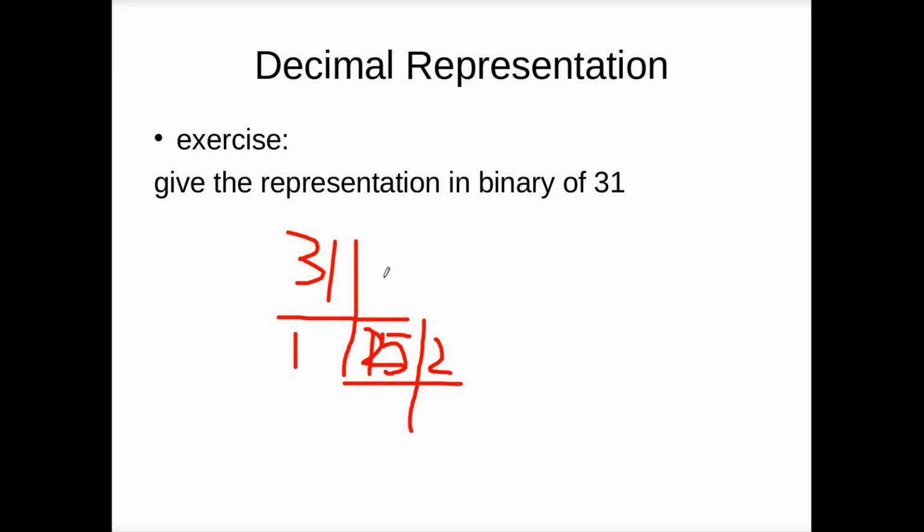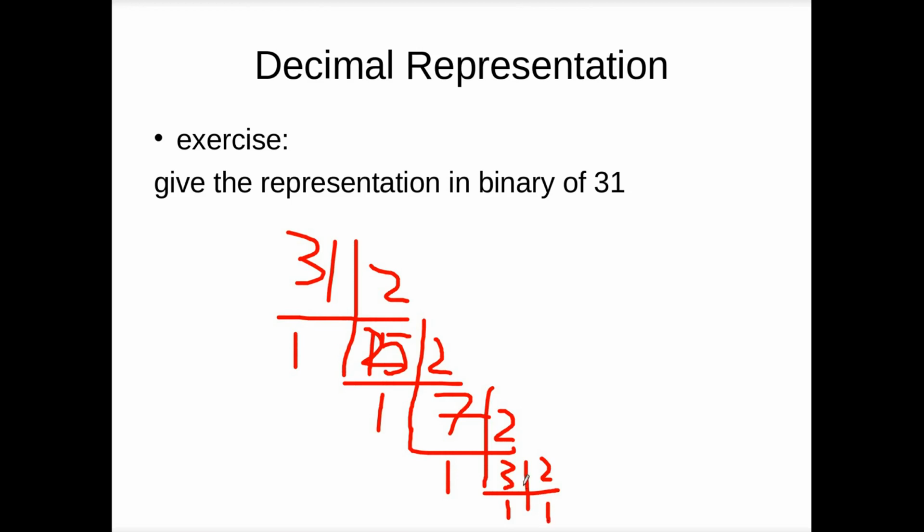Divide the number by 2 again. This is supposed to be a 15, not a 25. And so we get a remainder of 1, and the number is going to be 7. I have to manage my space well here. Divide by 2, we put the remainder here, so it's 1, and then 3. Divide by 2 again, we get 1, and 1.